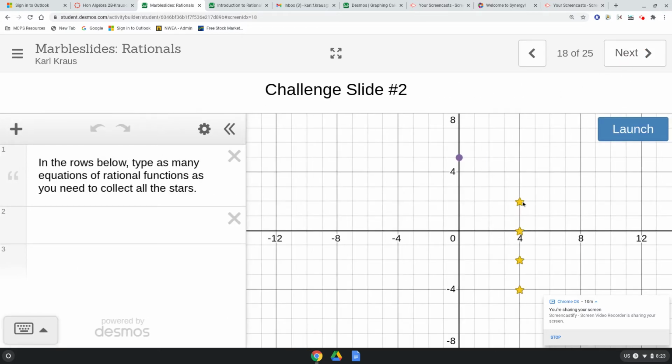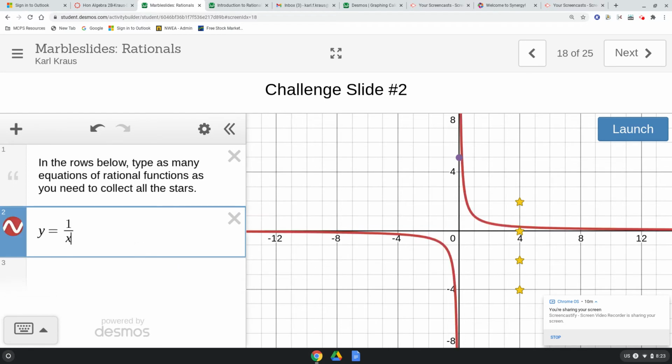This one's a little unfair because we want to make that funnel shape like that was on the first slide. So that's a 1 over x squared graph. So let's say y equal 1 over x squared.